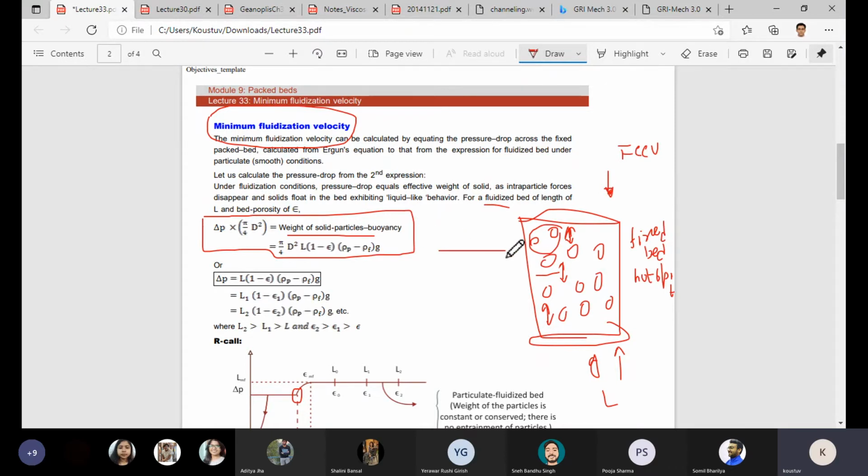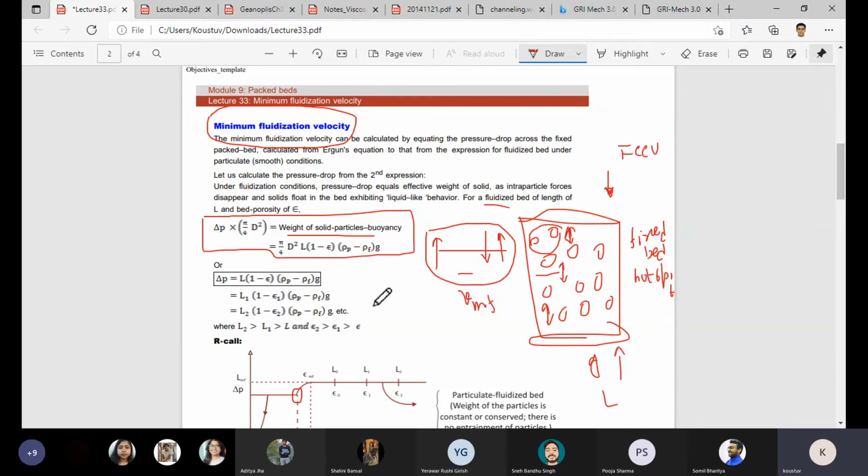At the onset of fluidization, the pressure drop in one direction, the weight of the bed, and the buoyancy force almost balance. So just before fluidization, we equate them to know what the VMF will be.